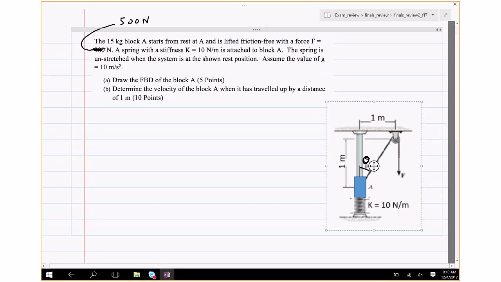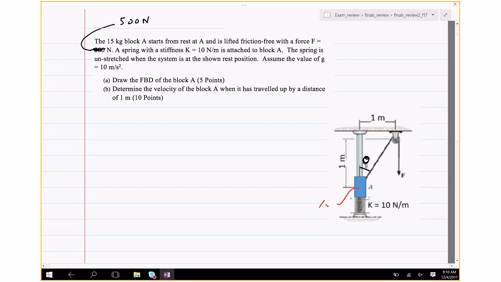Okay, the 15 kg block starts from rest at A and is lifted friction free, so there's no friction, with a force F equals 500 newtons. Spring constant K is 10 newtons per meter, attached to block A. The spring is unstretched when the block is at the rest position shown.